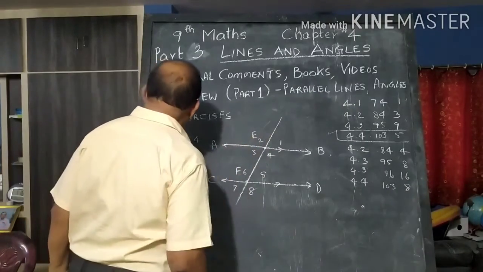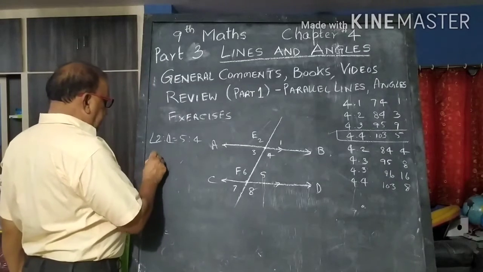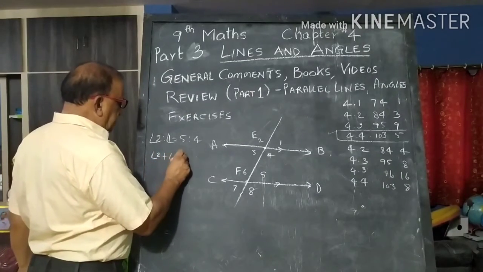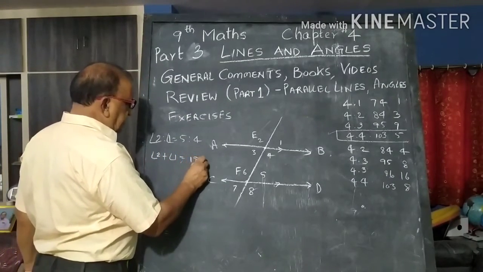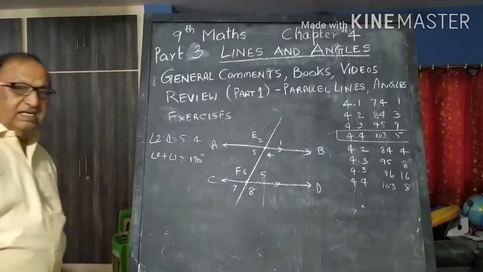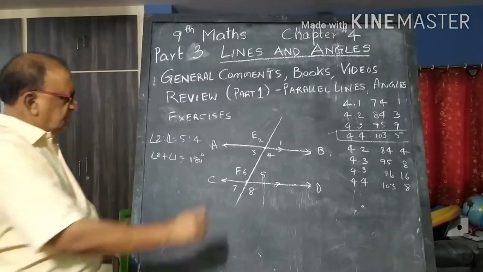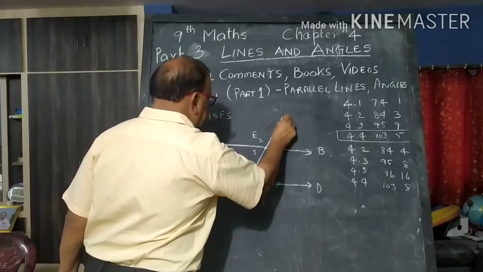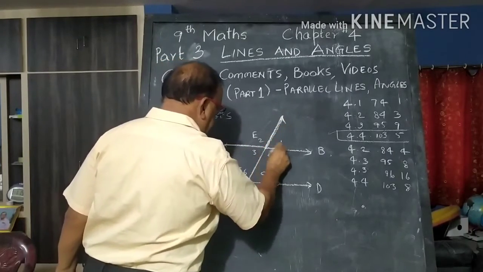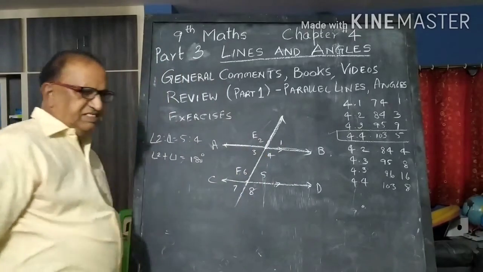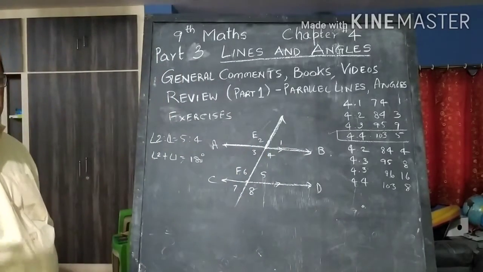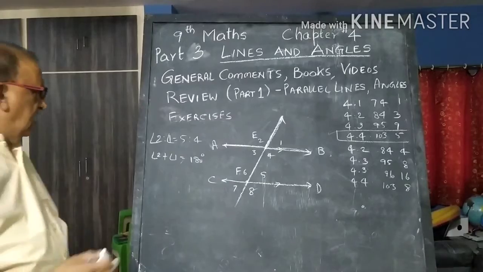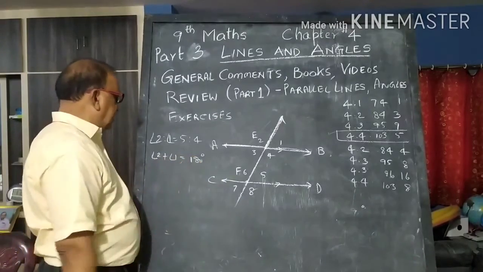Angle 2 and angle 1: you know that angle 2 plus angle 1 is equal to 180 degrees because it is a linear pair. Angle 2 is this, angle 1 is this. They are two adjacent angles, they form a linear pair. Therefore, angle 2 plus angle 1 is equal to 180 degrees.